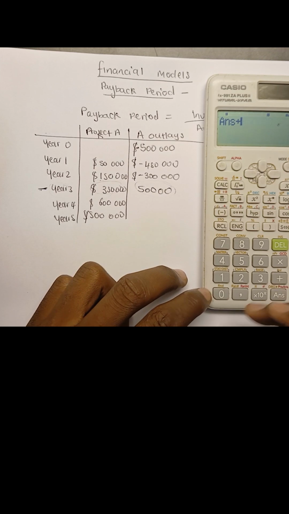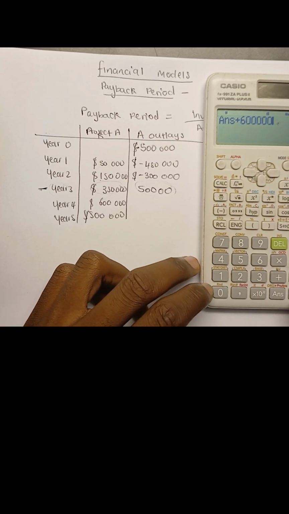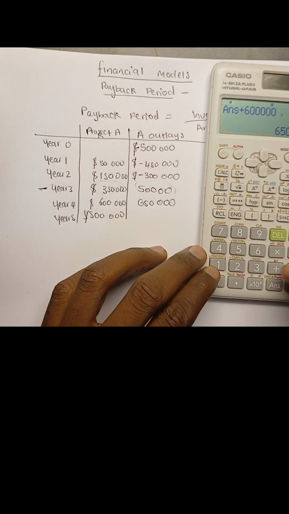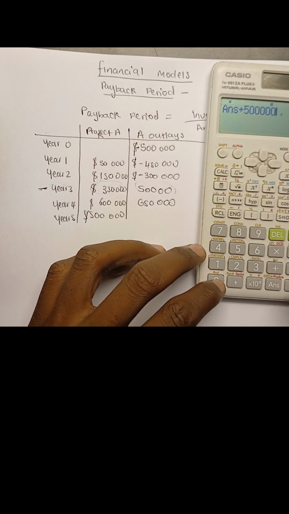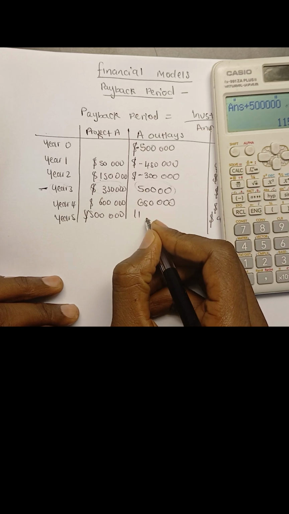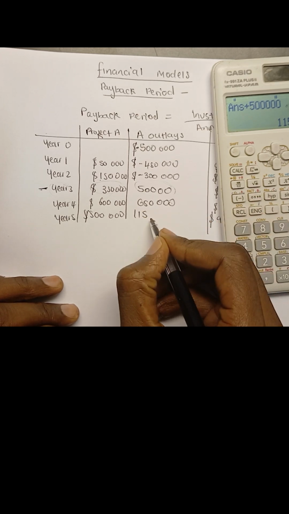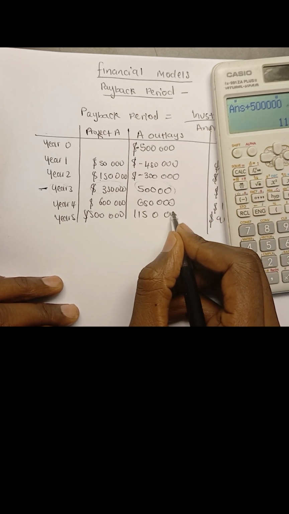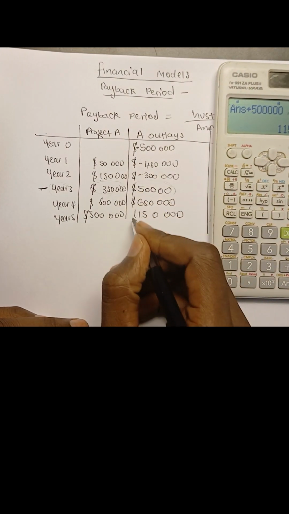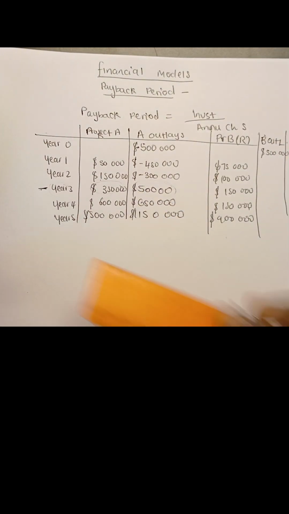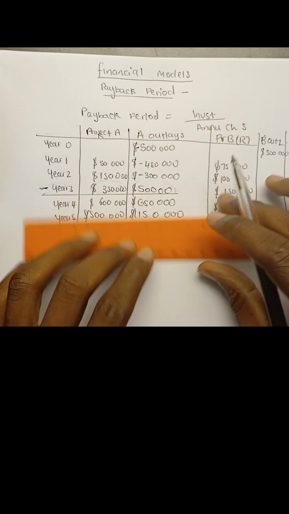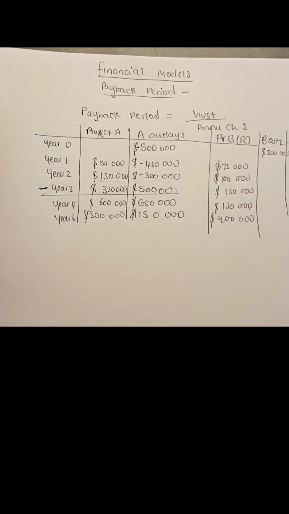Now 50,000 plus 600,000 is 650,000, and then plus 500,000. Right. Now we just have to make sure that we are using our break-even point. So this is our break-even point.